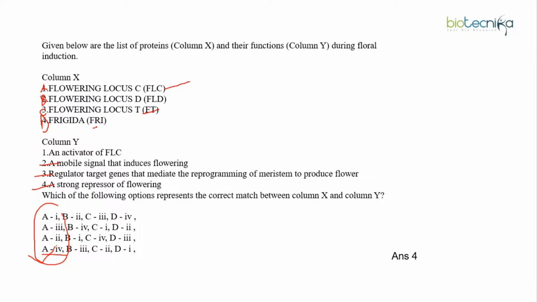And you have FRIGIDA, which is an activator of FLC. Okay, so you have to study the entire plant flower development. This question is coming from that section, not only just vernalization, but from the entire floral development part.